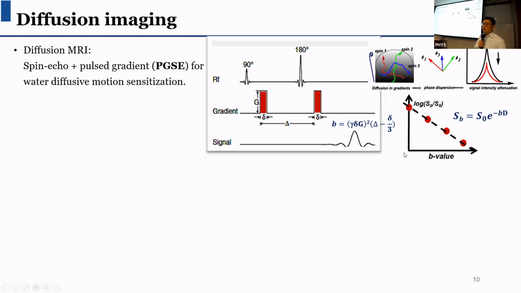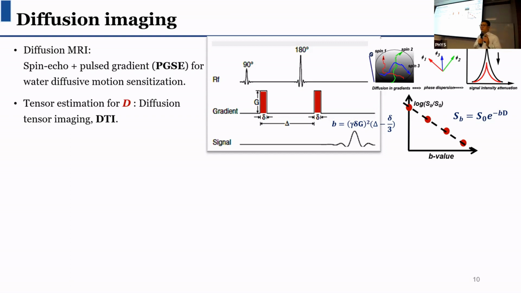Then you can change your b value from 0 to different b values and fit the log signal. You get a very linear fit, and from this linear fit you can tell how large the D value is in different places, which describes the movement of water molecules.